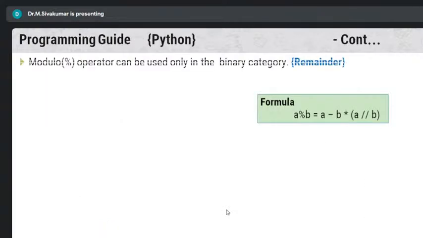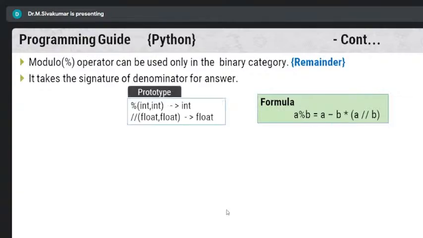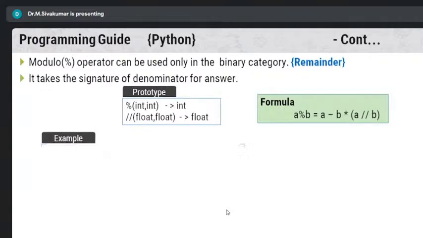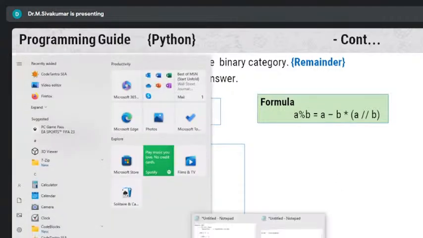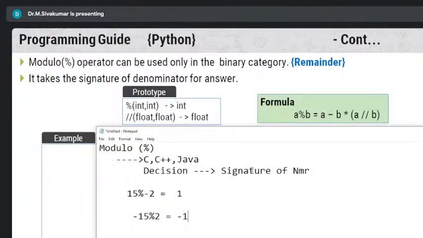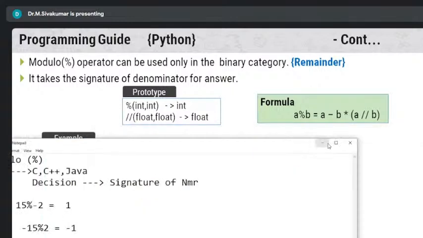I will complete with the last technical information in Python. As I mentioned earlier, in Java, C and C++ it takes the signature of the numerator, but in Python it will take the signature of the denominator. That is the only rule we have to keep in mind.